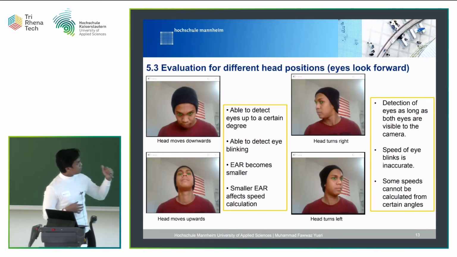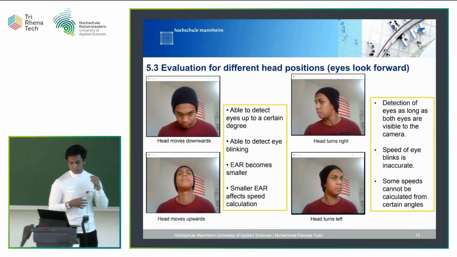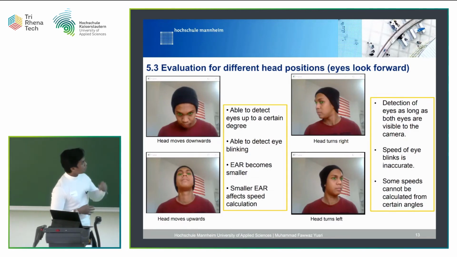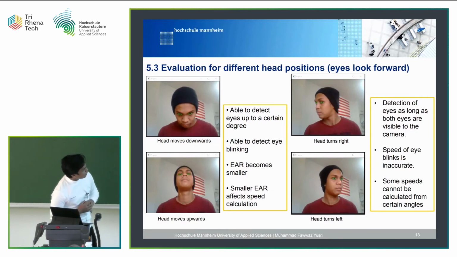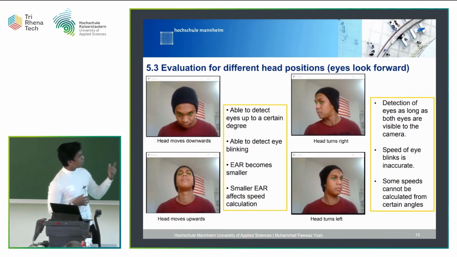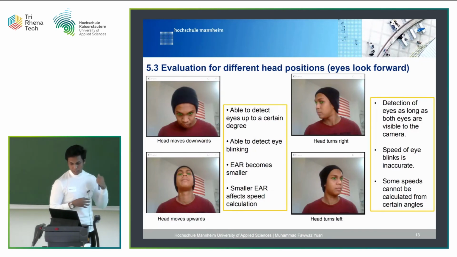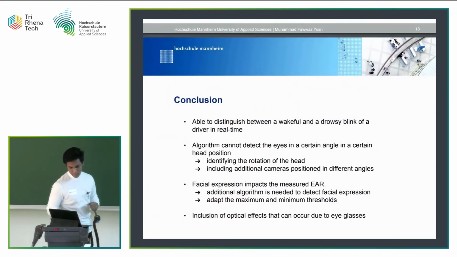However, the EAR becomes smaller, which affects the speed calculation. When the head turns to the right or left, the algorithm is able to detect the eyes as long as the eyes are visible to the camera. But the speed is inaccurate, and some speeds cannot be calculated from certain angles.